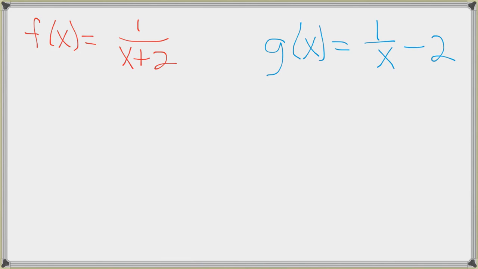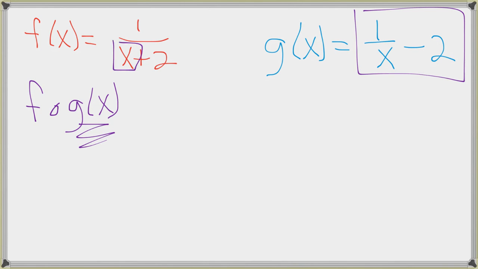So we're going to plug g into f, and we're going to plug f into g, and we're looking to see if everything cancels out. Take the blue function g of x, plug it into the red function f of x. You have a complex fraction.